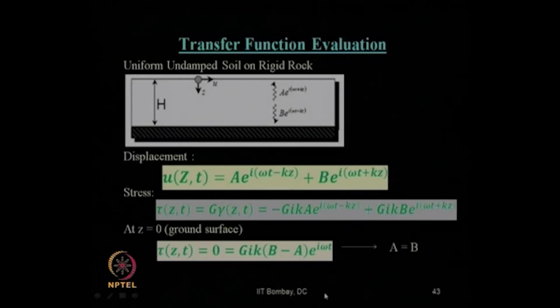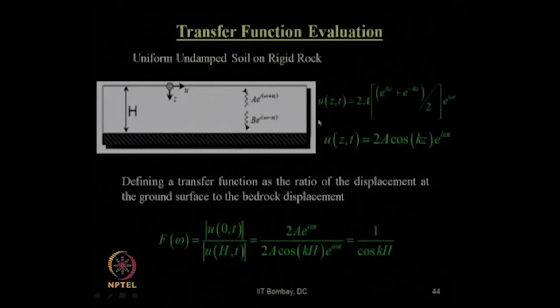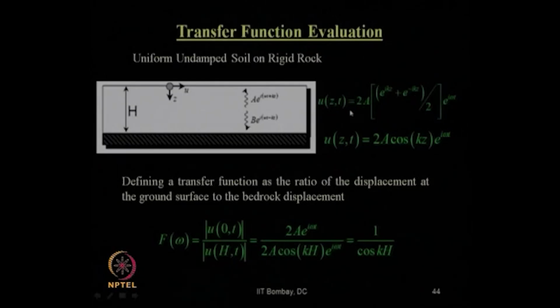Clear? So, we got one step for this solution. Now, knowing a and b are equal, how can we express the solution further? u of z, t can now be expressed as 2a times (e to the power i k z plus e to the power minus i k z) by 2, into e to the power i omega t.